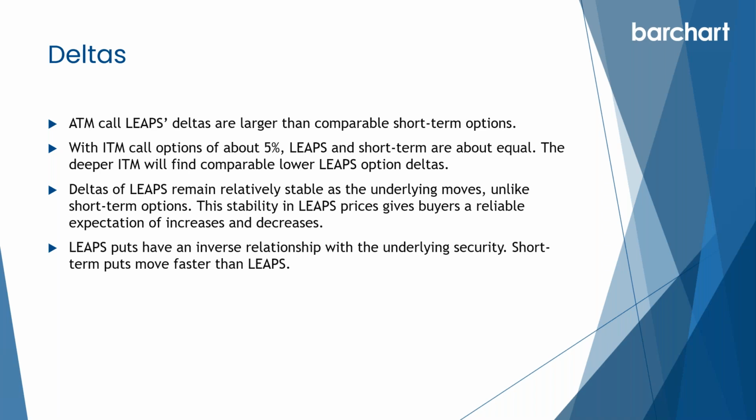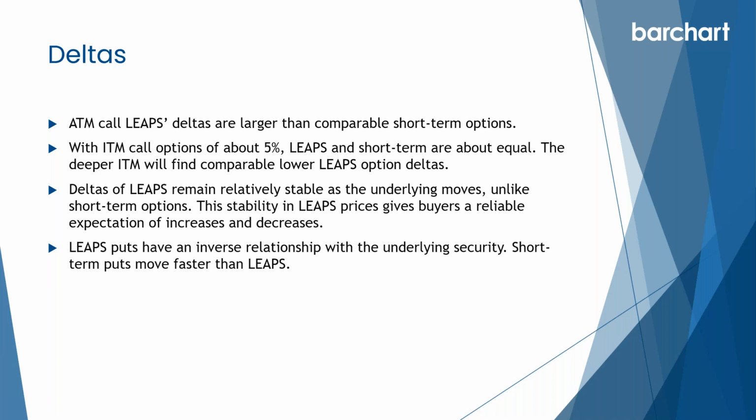So LEAP puts really have an inverse relationship to the underlying security. Again, as prices go up, calls will appreciate. As prices go up, puts will decrease, and vice versa. As prices go down, calls will get cheaper, but as prices go down on the underlying, then our LEAP puts will increase.